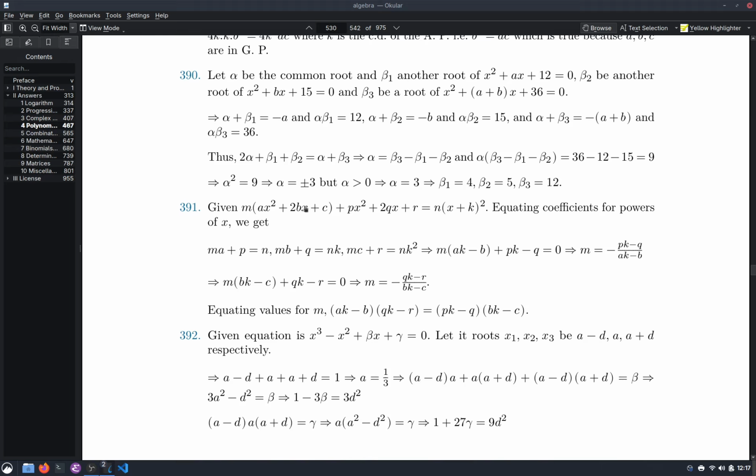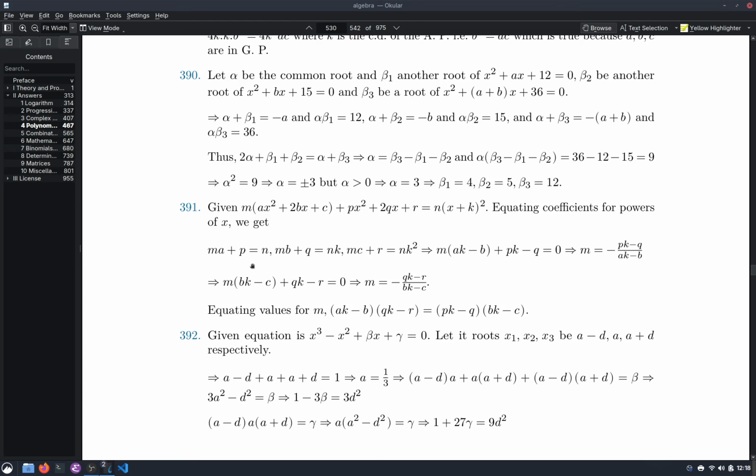Now the coefficient of x would be 2bm plus 2q, which will be equal to 2nk. We cancel out 2, we get mb plus q is equal to nk. And the constant term would be cm plus r, that is mc plus r, which will be equal to nk square.